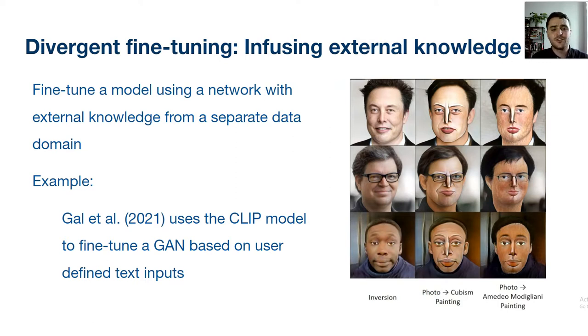And they use this to fine-tune a GAN based on user-defined text inputs. So again, here we're fine-tuning a StyleGAN, and then using text inputs, we can change the entire model to fit characteristics that we define in our text input. So here we're going from a photo to a cubist painting, and everything in the results will be changed in this way.